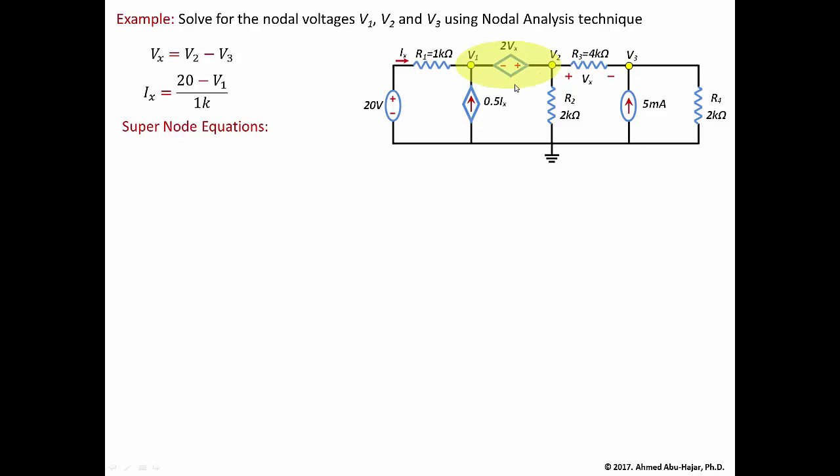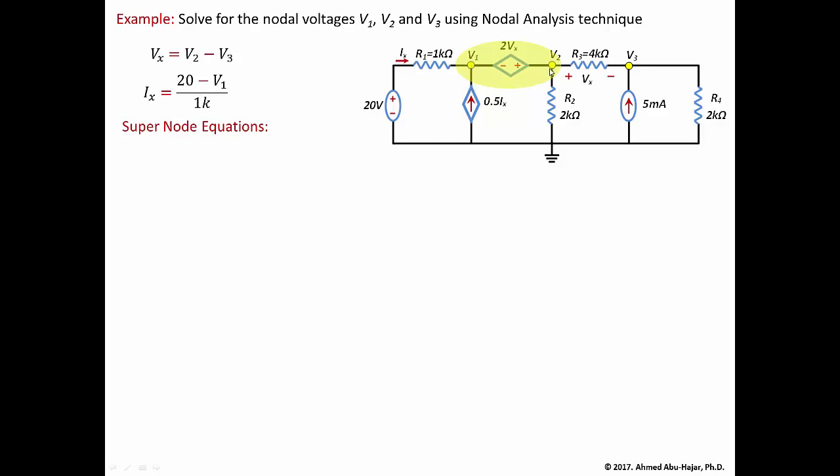The first equation tells us the voltage difference across the supernode, and the second equation sums the currents leaving the supernode to be zero. For the first equation, we have to follow the polarities of the voltage source. The plus polarity of this voltage source is located at V2 and the negative polarity is located at V1.